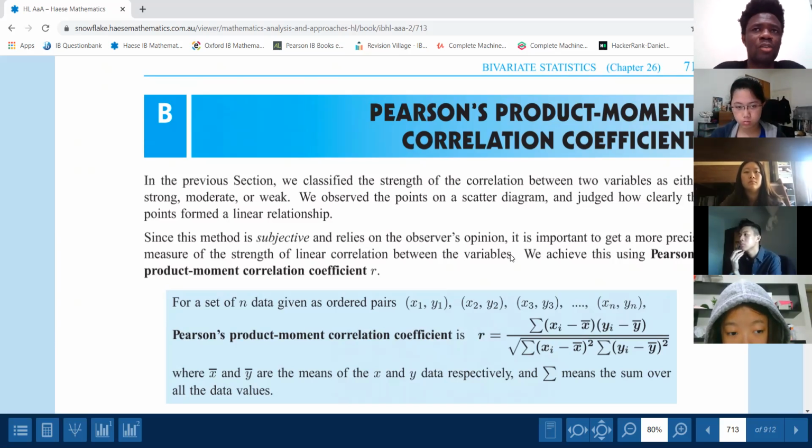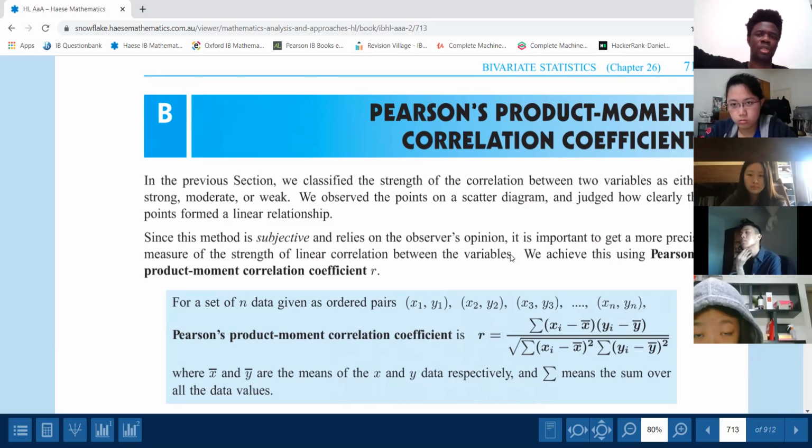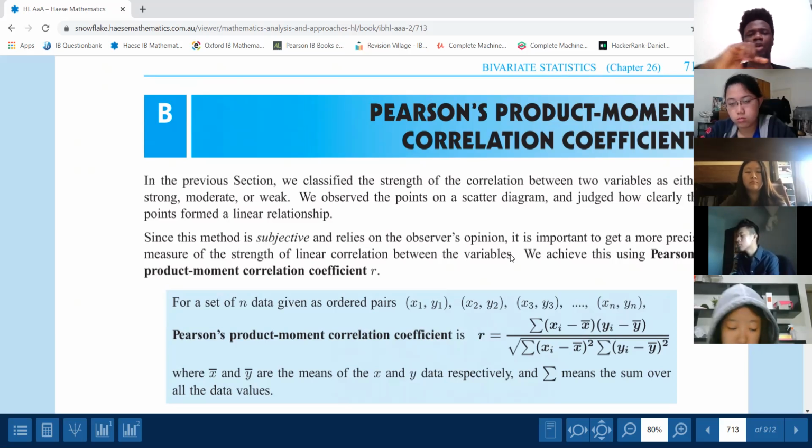So that coefficient tells us the degree of that linearity, okay? Is it weak? Is it moderate? Is it strong? Or is it perfect? It will be perfect if all the points are on a straight line. They are all collinear. In that case, your R will be 1.